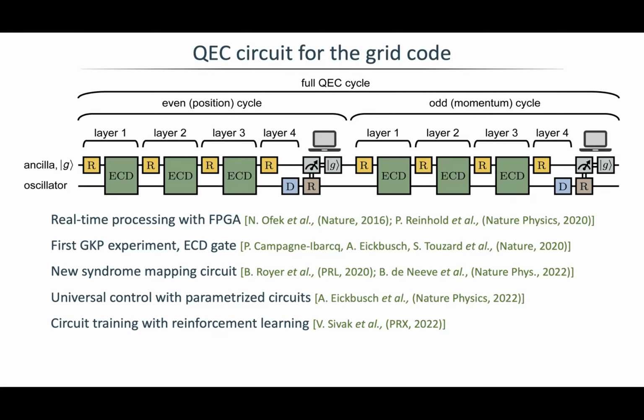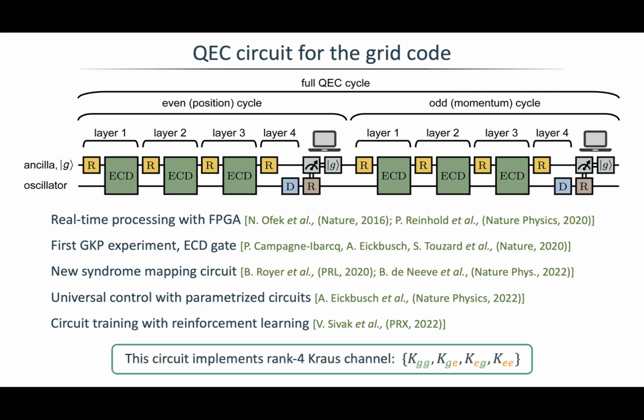I would just want to quickly outline that there are a lot of technologies that were developed over the past few years that went into enabling running circuits like this. But for now, what's important for us is that the circuit has two measurements, this and that, and they are binary valued.